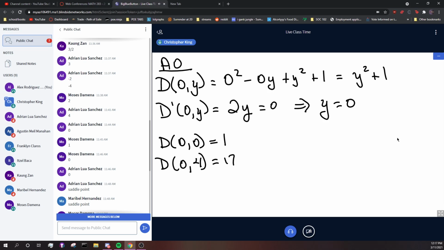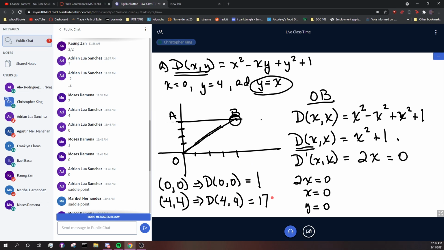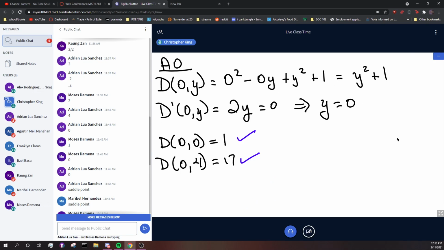Okay. And what I'm going to focus on is all these values here that I got. Okay. So that's going to be my main focus. Okay. So if I look at all the values, what is the maximum value that I'm getting? It's 17. Okay.